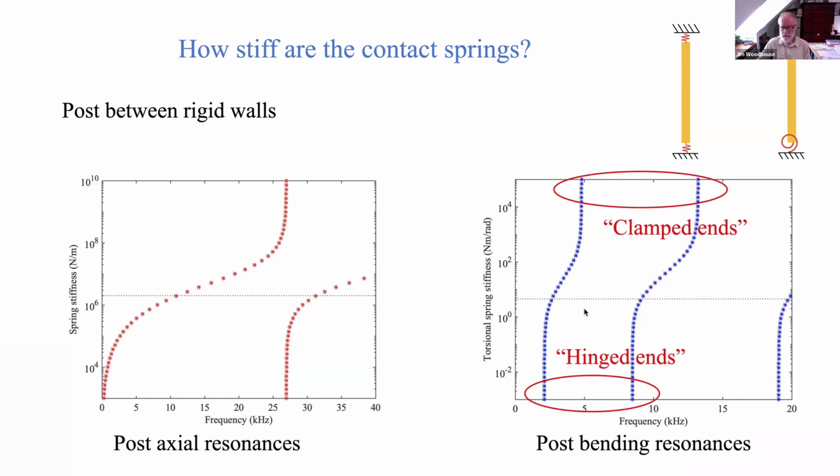Now, in both of these plots, the only real relevance of this is that this is one possible way to try to find out what this contact stiffness ought to be. And the dotted line across the middle of these two graphs is my estimate for a typical stiffness for a typically tight but not stupidly tight post, realistically tight.